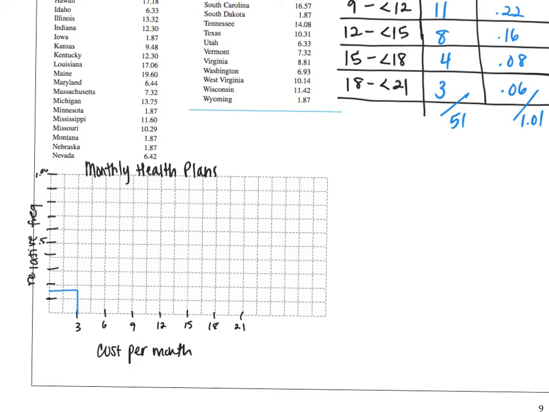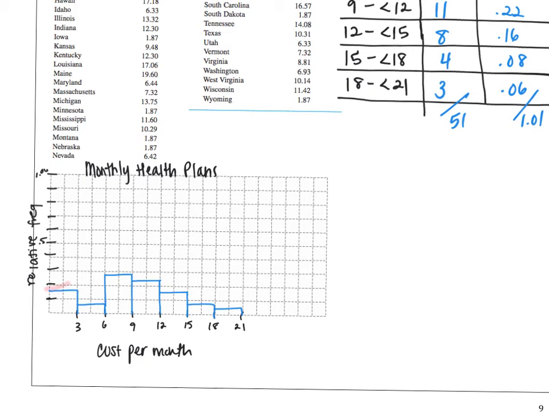So I've got 0.06, 0.29, 0.22, 0.16, 0.08, and then 0.06 again.